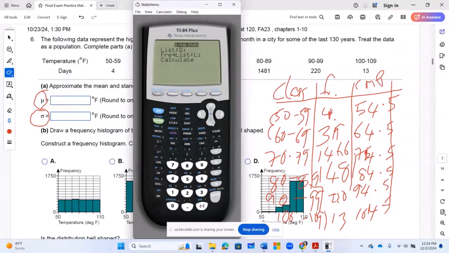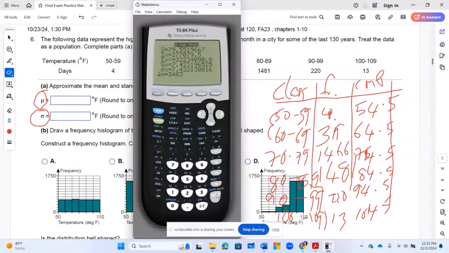The first list is the class midpoint, which is L1. The second list is frequency, which is L2. I already put them in, but I want to tell my calculator where they are. And I'll calculate.